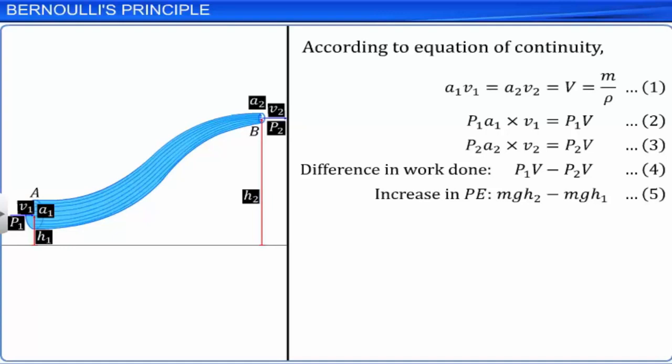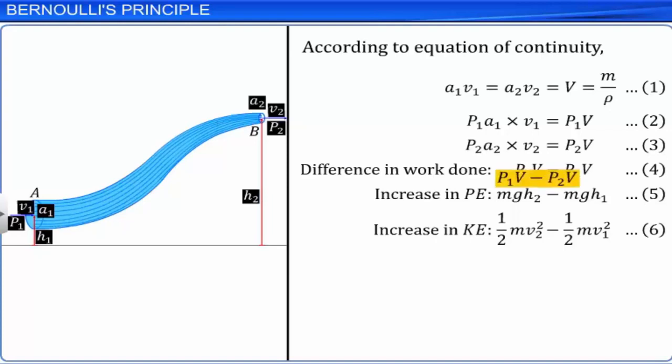The increase in kinetic energy per second from A to B is expressed as half mV2 square minus half mV1 square. Let this be equation 6. According to the work energy theorem, work done is the sum of the increase in potential energy and the increase in kinetic energy.